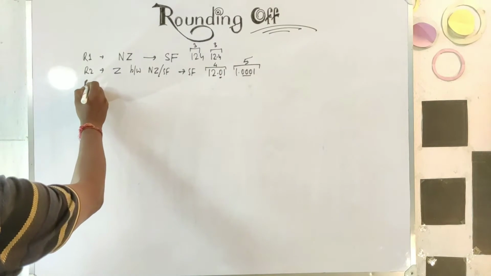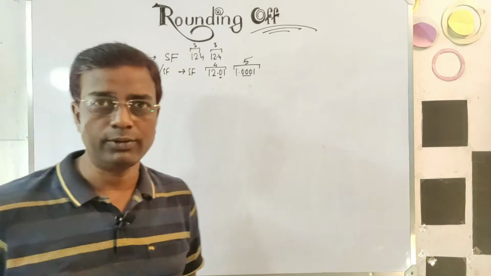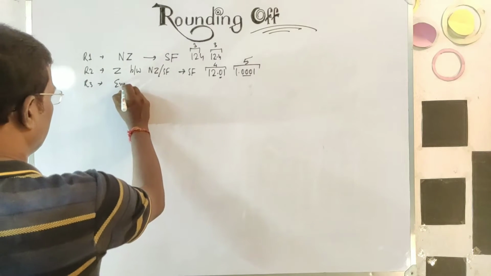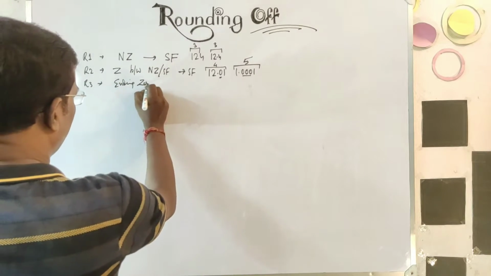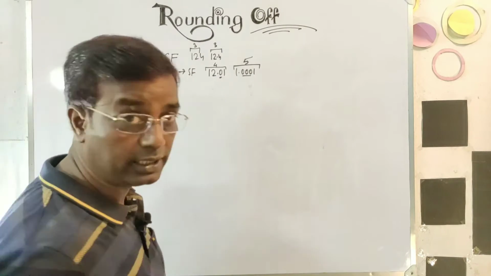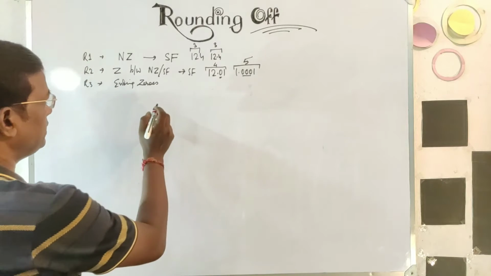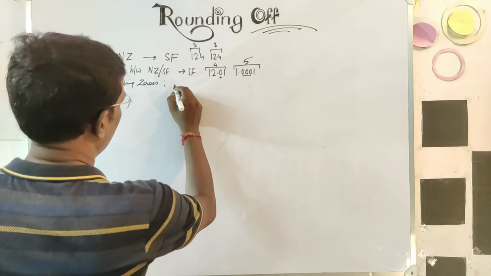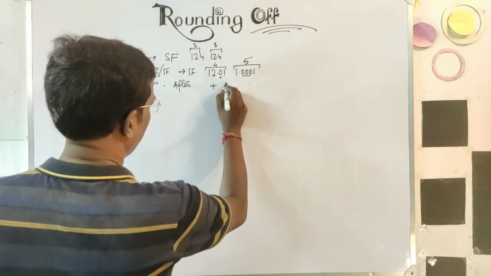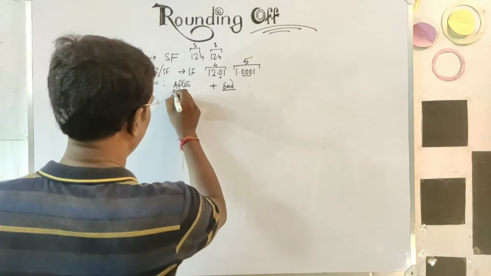Now rule number 3 that we have taught you yesterday. In this rule, ending zeros: if a number ends with zeros and it's a case of a decimal number, in that case ending zeros, so after the decimal and at the end, two conditions need to be fulfilled.